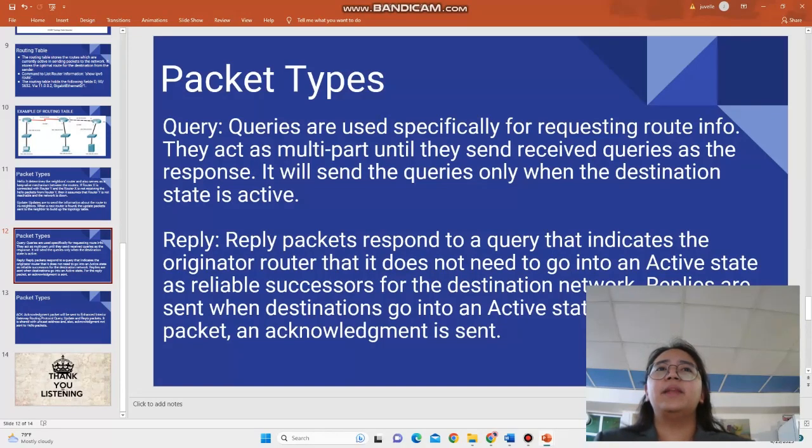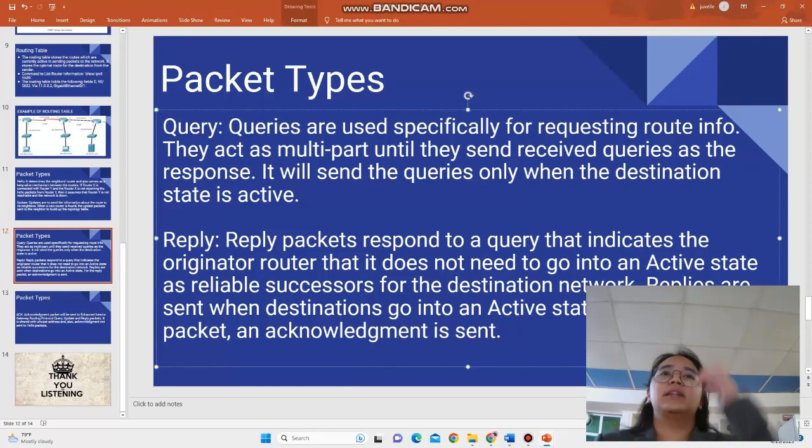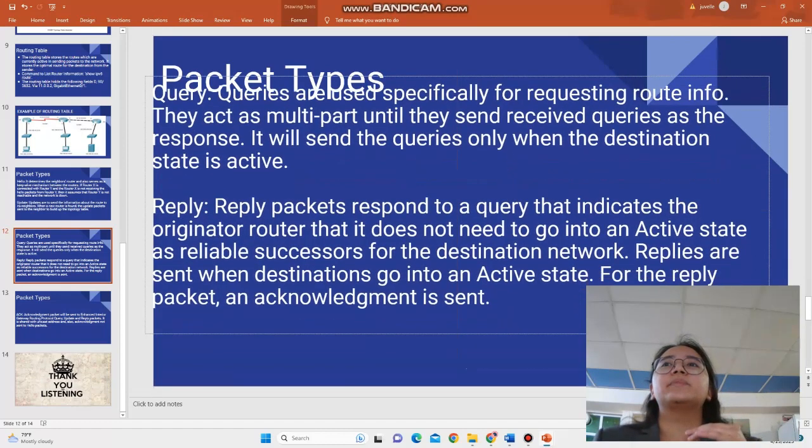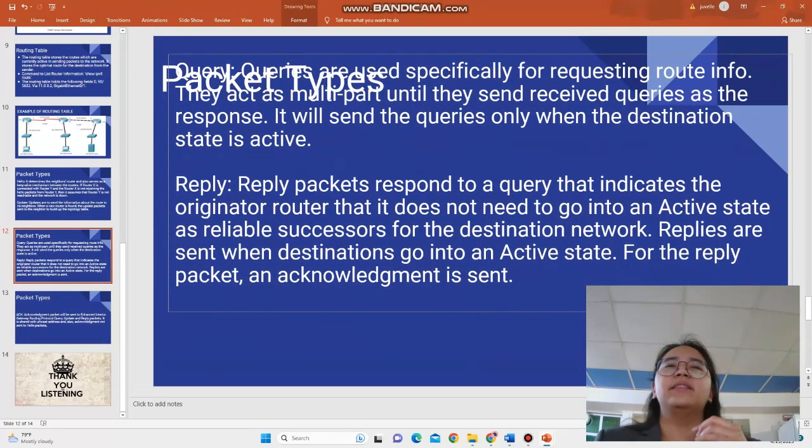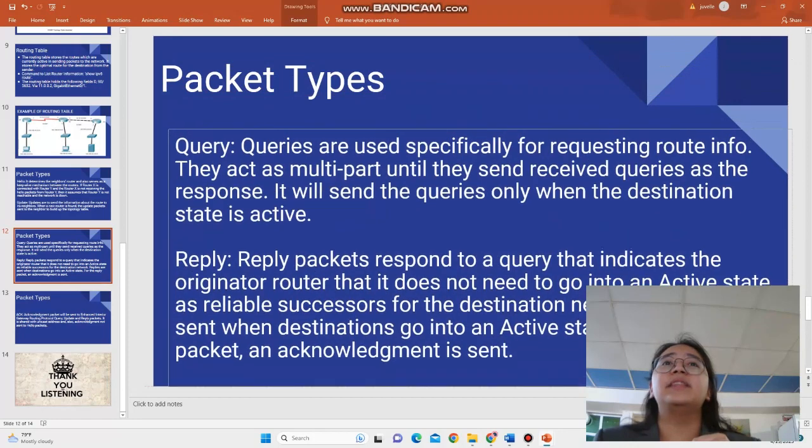And then reply packets respond to a query that indicates to the originator router that it does not need to go into the active state, as there are reliable successors for the destination network. Replies are sent when the destination goes into active state. For the reply packet, an acknowledgement is sent.